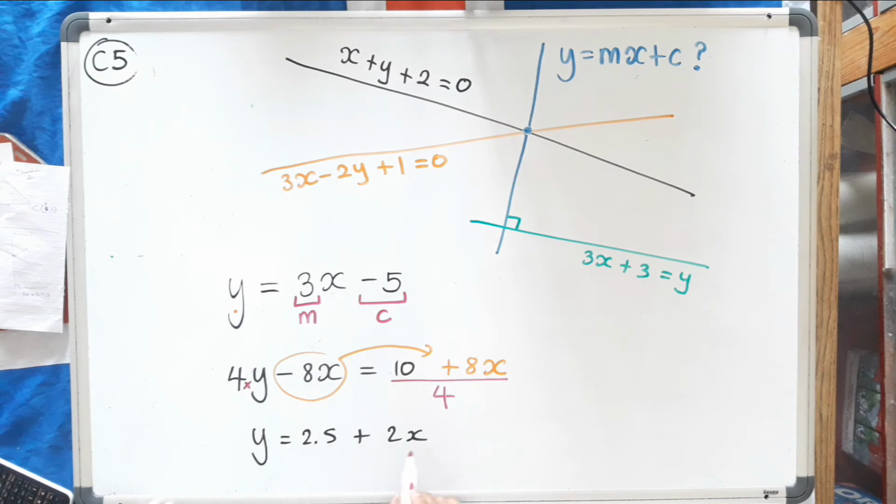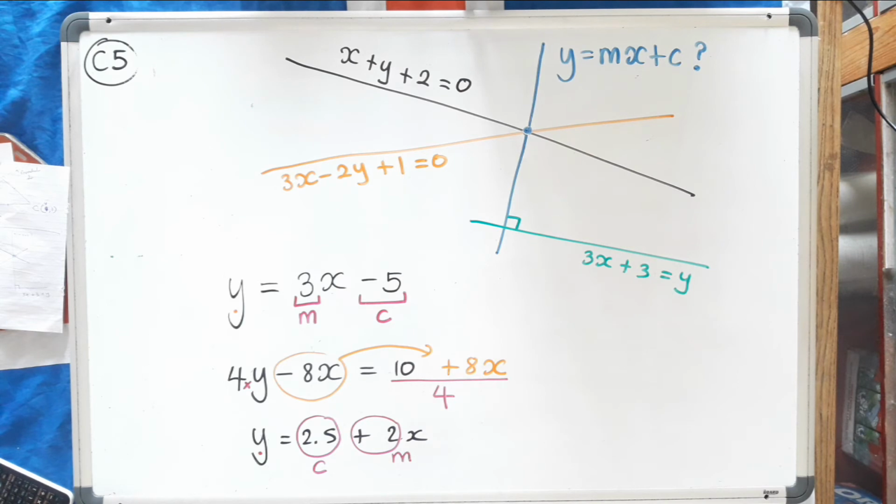So, m doesn't necessarily have to come first. m could come second. The rule is, once y is the subject, the number touching x is your gradient, or m. So, my gradient is positive 2. And my y-intercept is the number without the x. So, my y-intercept is 2.5.